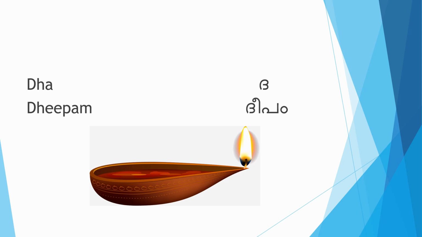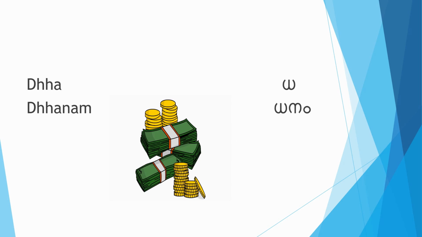Sometimes it is lamp. This is the deepam that we use for festivals. Deepam means lamp, or light. Dha, dha for dhanam. Dhanam means wealth. It is not money, it is wealth.